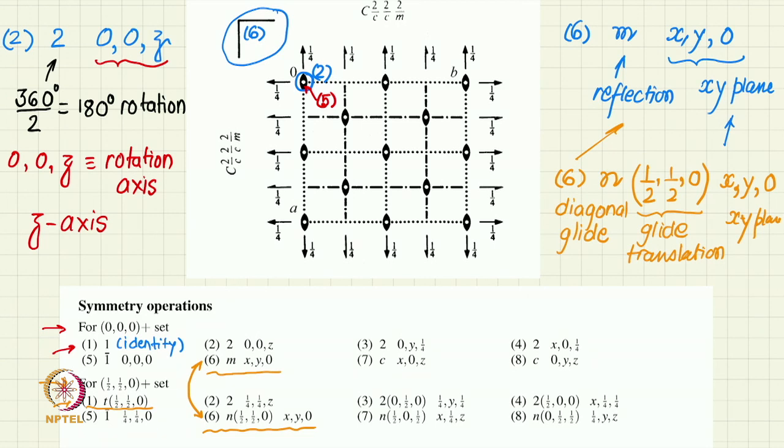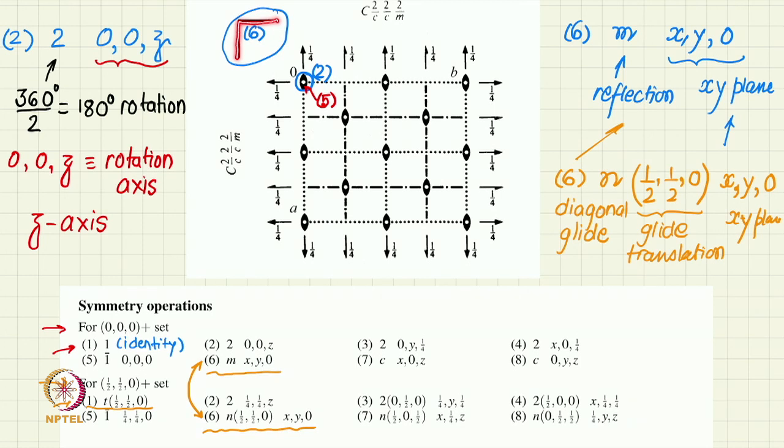So, this can be a little confusing, but the clarity will come once one distinguishes between the geometric symmetry element and the symmetry operation. What is shown in the diagram, this particular line at 90 degrees, is showing a mirror plane parallel to the x y plane.